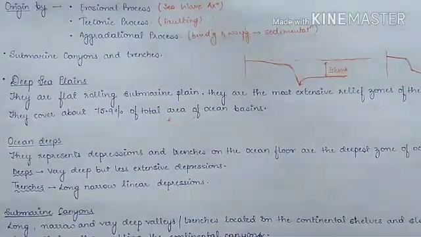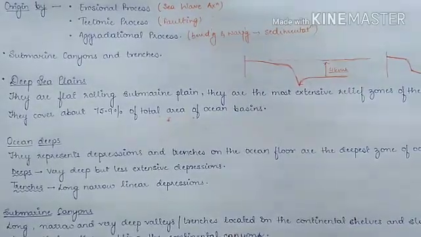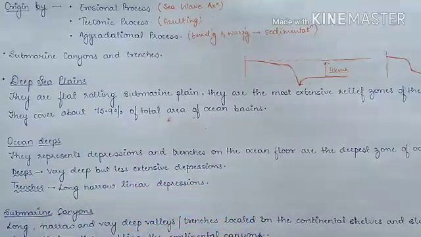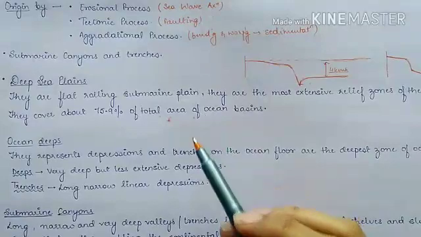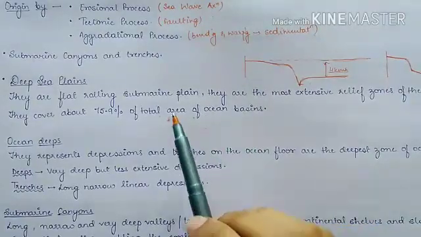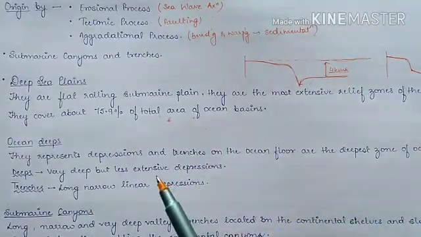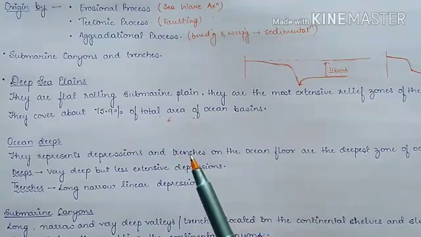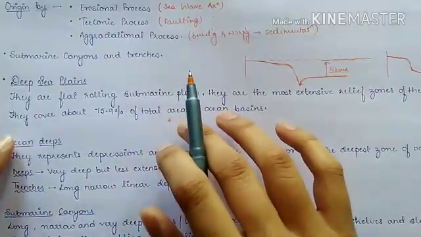So these deep sea plains cover about 75.9% of the total area of oceanic basin, and these sea plains are characterized by pelagic deposits of plants, marine animals, and siliceous remains, but there is absence of erosional debris of terrigenous origin.